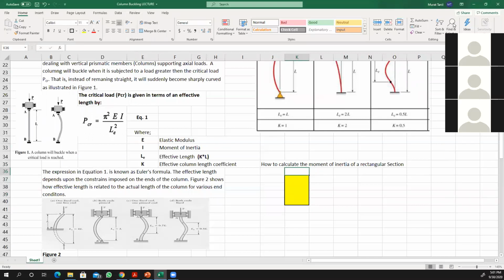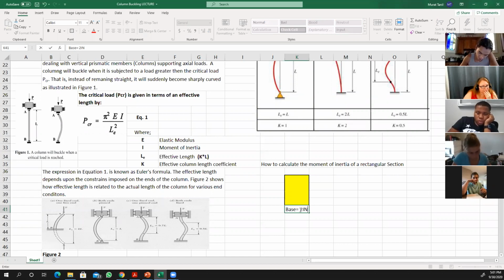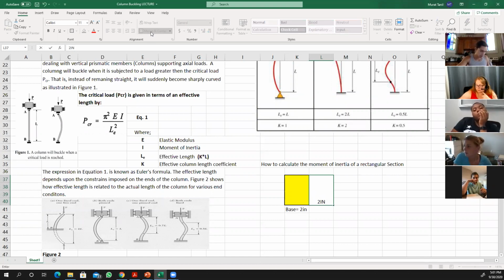I mean, isn't it just an equation? Yes, just an equation. You have your base, let's say 2 inch. You have your height, 2 inch.